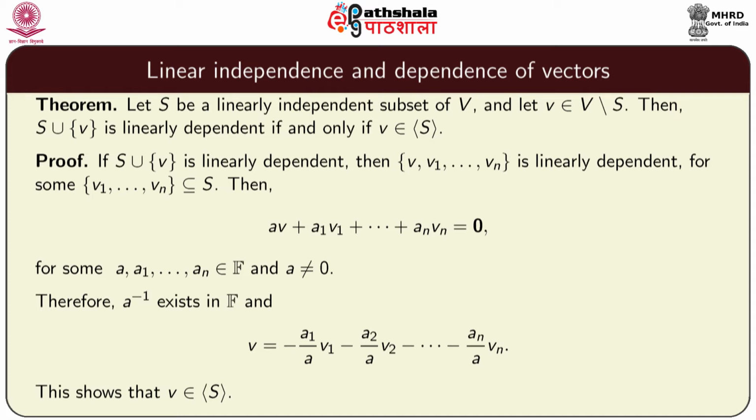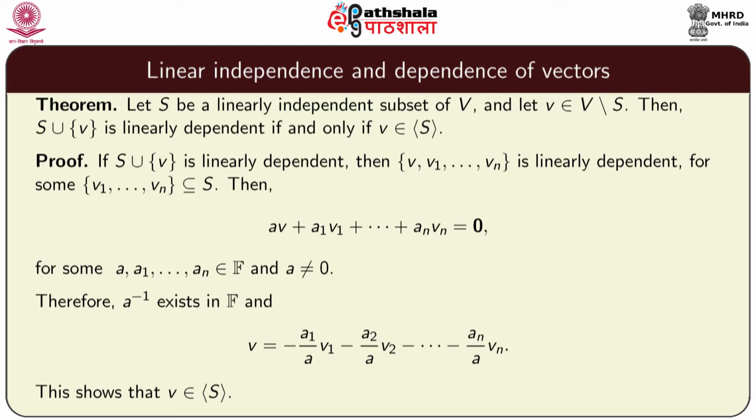Therefore, it would force all the a1, a2 etc. up to an to be 0, and then a, a1, a2 etc. up to an all are 0, which of course does not show linear dependence of the set v, v1 etc. up to vn. Therefore, we must have that the scalar a must be non-zero.